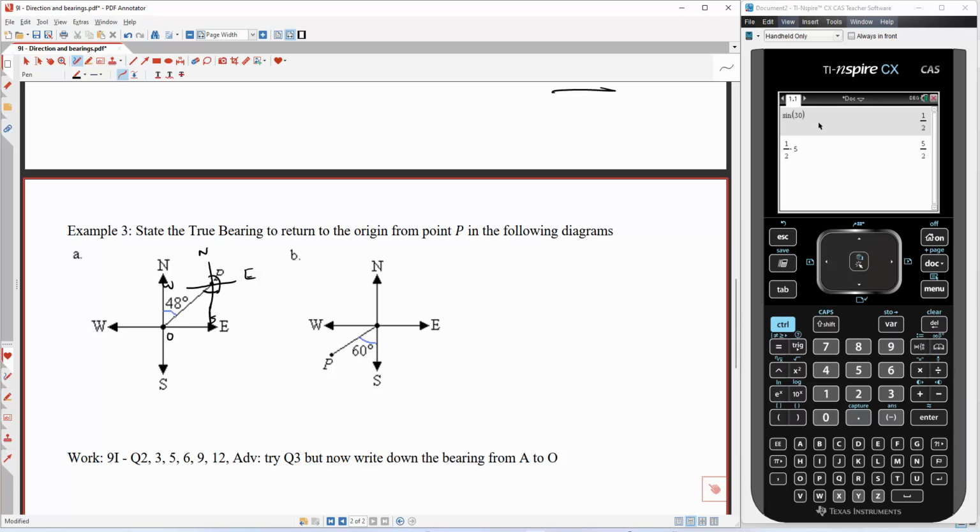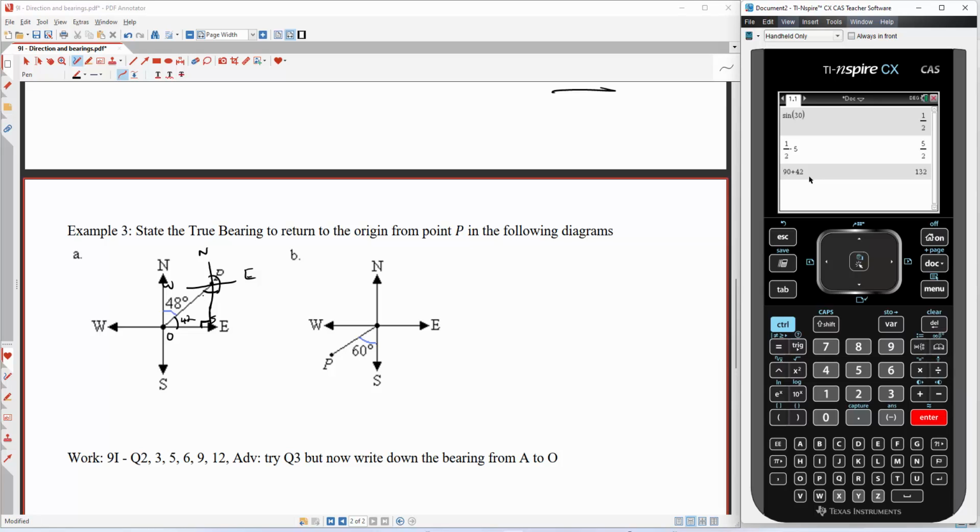All right, so what I know is if this is 48, this one here must be 42. All right, and if this is 90, what we've got is 90 and 42. I'm going to stick them together, and the answer is 132. So this angle and this angle here is 132.